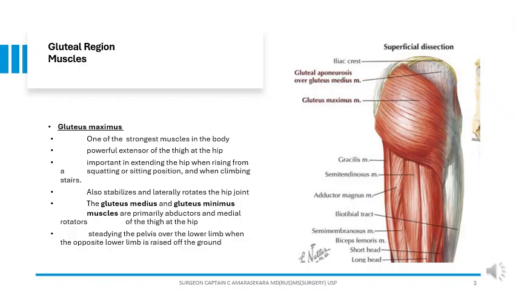Their key function is to steady the pelvis over the supporting limb when the opposite limb is raised, such as during walking. So when the other leg is raised, we have to support for the steadiness.